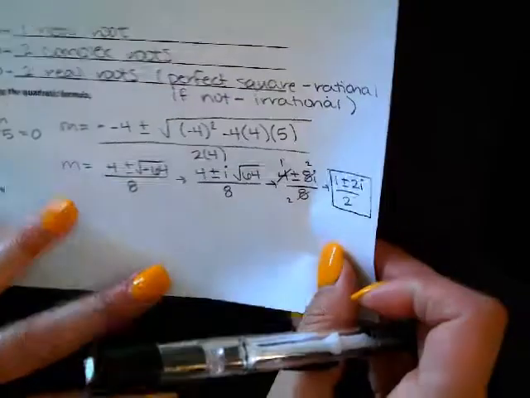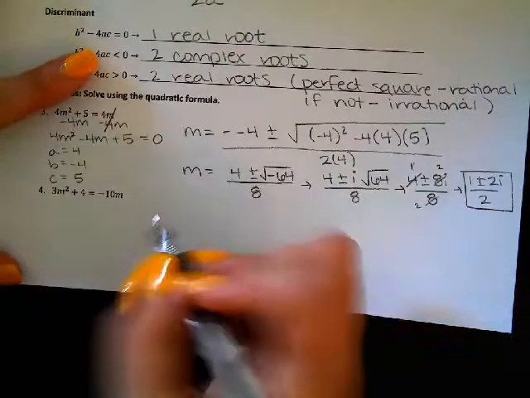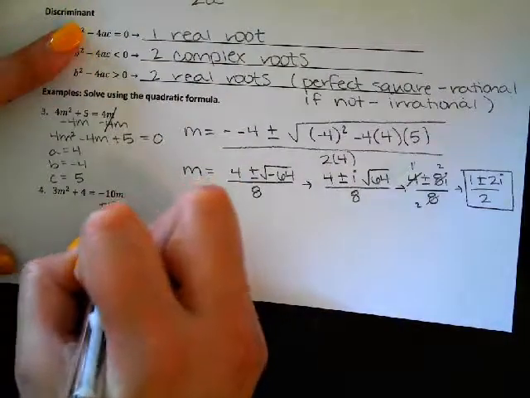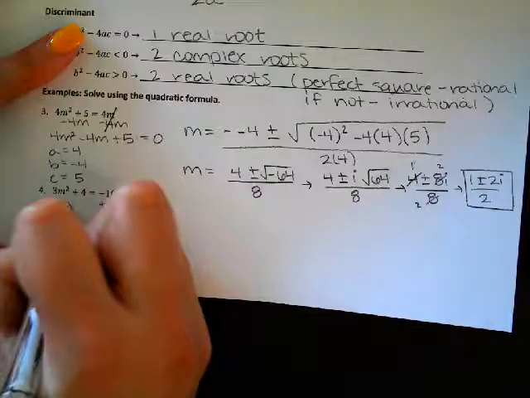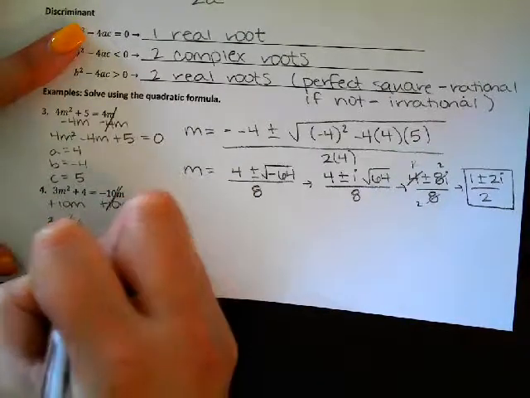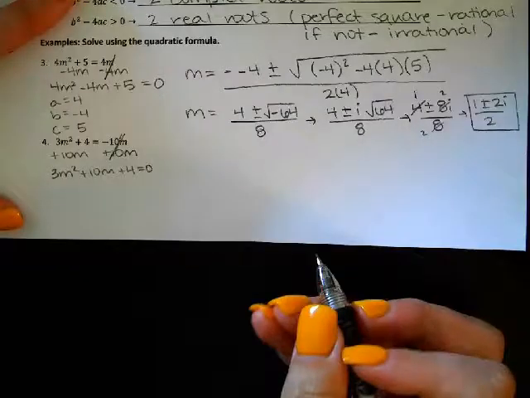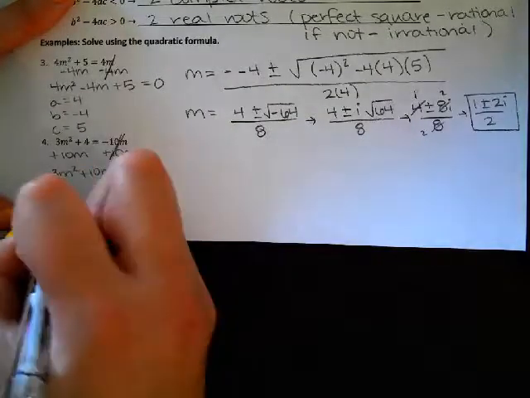Last one, almost done. Go ahead and add the 10m to the other side. So we have 3m squared plus 10m plus 4 equals 0. We have our a, our b, and our c.